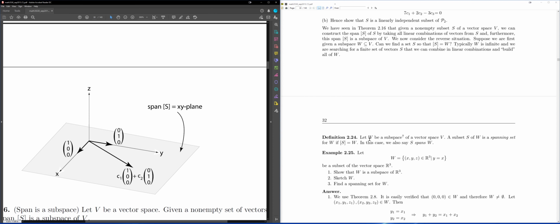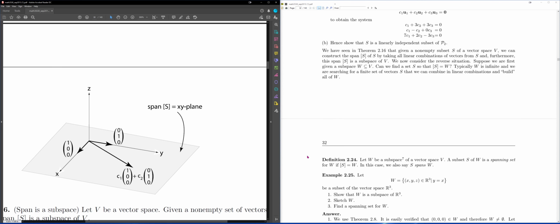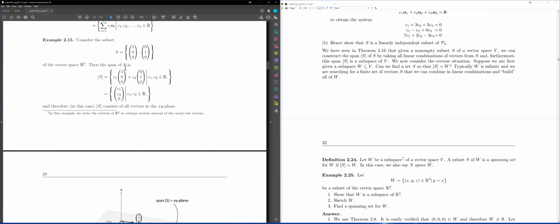That's an example of the big W. Given this subspace, I want to find vectors such that when I take their span, I generate my xy plane. We just saw that if I use vectors (1,0,0) and (0,1,0) and take the span of them, I get the xy plane.